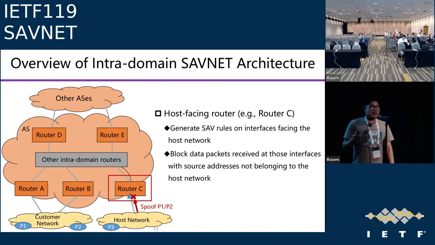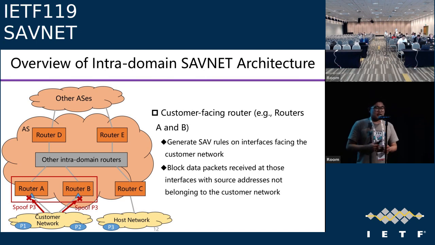And then we add a figure to overview the intra-domain SAVNET architecture in the updated version. Before we introduce the details of the intra-domain SAVNET architecture, we first give the sub-goals for different routers. A host-facing router should generate SAV rules on interfaces facing the host network and block data packets received at those interfaces with source addresses not belonging to the host network.